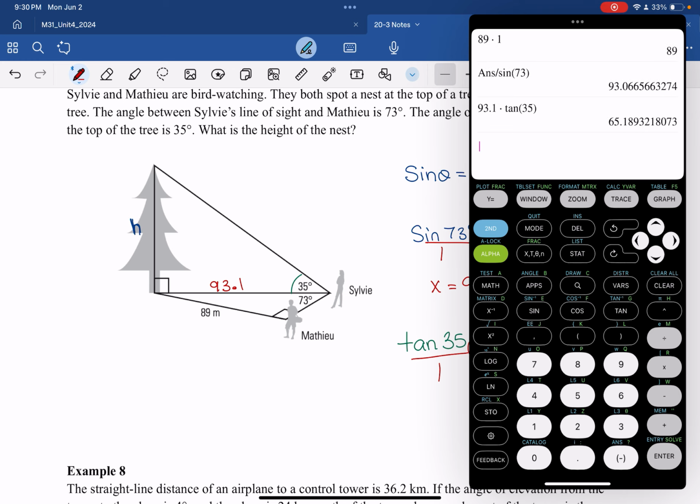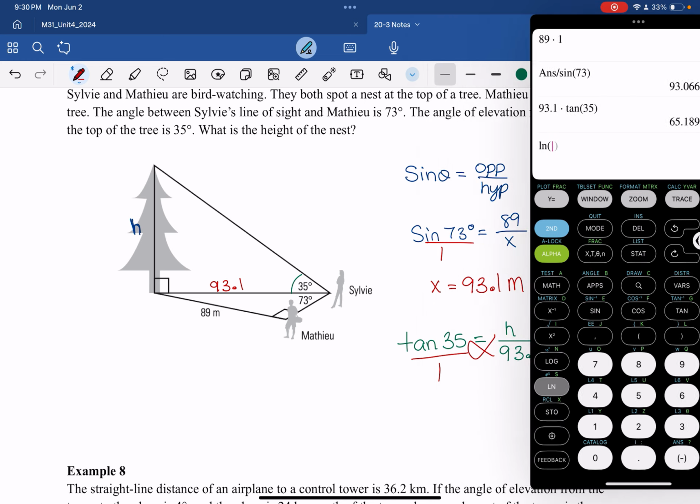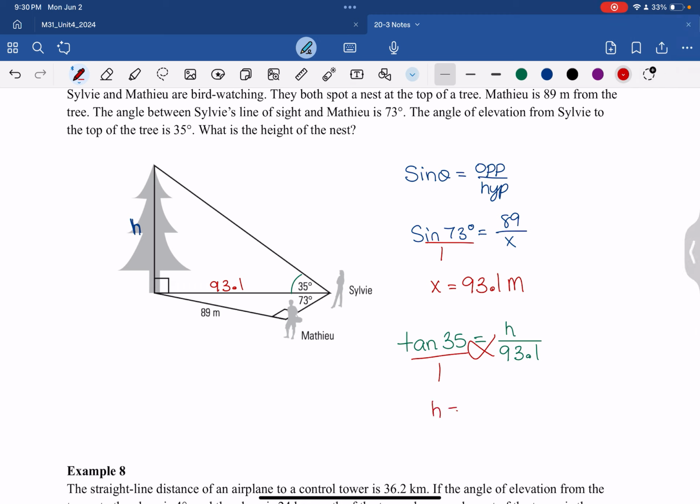And I'll get 65.2. And the dimensions are given in meters, so that will be the height of the tree. Okay, so again, we're using one triangle to be able to get information to solve our final triangle.